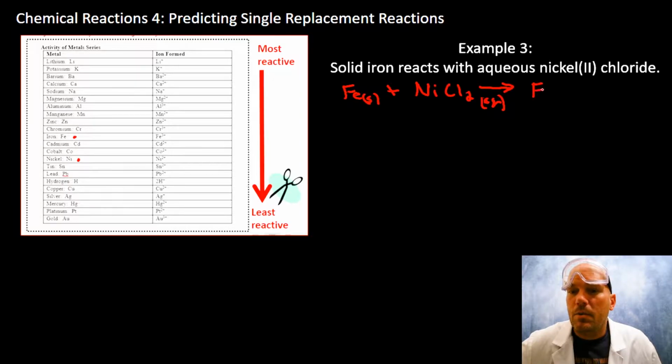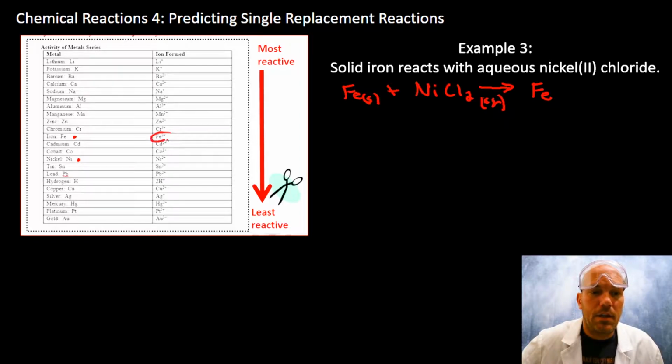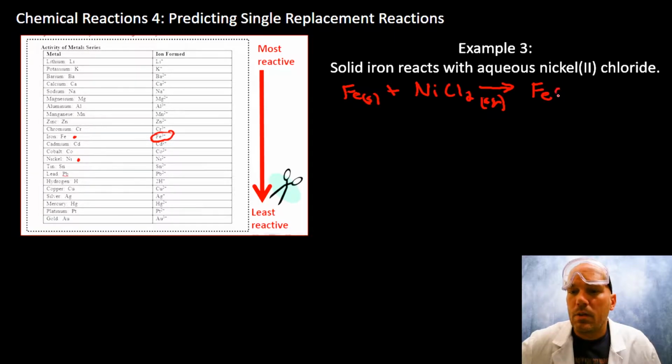Now, one thing you do need to pay attention to is the particular ions formed. In this case, this is going to form iron(III) chloride. And nickel is going to get kicked out, and aqueous.